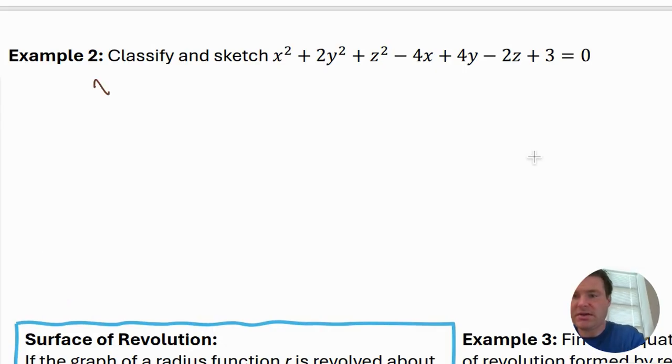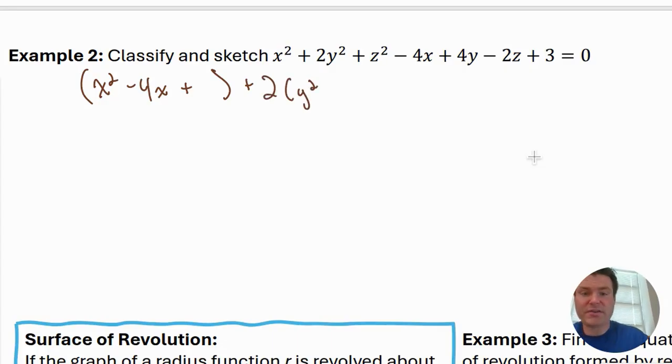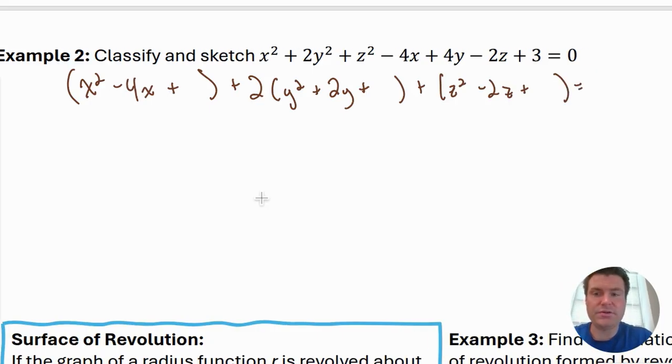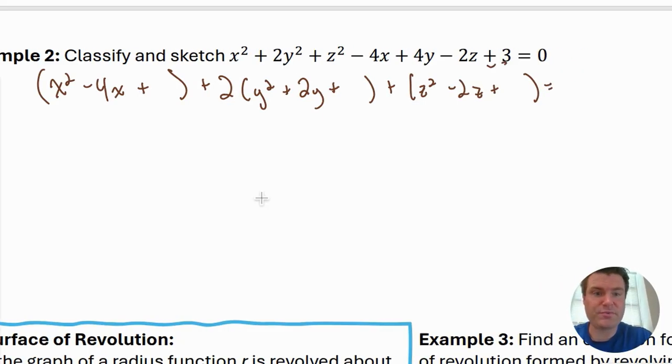So x squared minus 4x plus something, plus 2y squared, since there needs to be a y squared in front, plus, instead of 4y, it's actually 2y, because 2 times 2y gives me 4y, plus z squared minus 2z plus something, equals, if I subtract 3 from both sides, negative 3, and I have to figure everything else out.